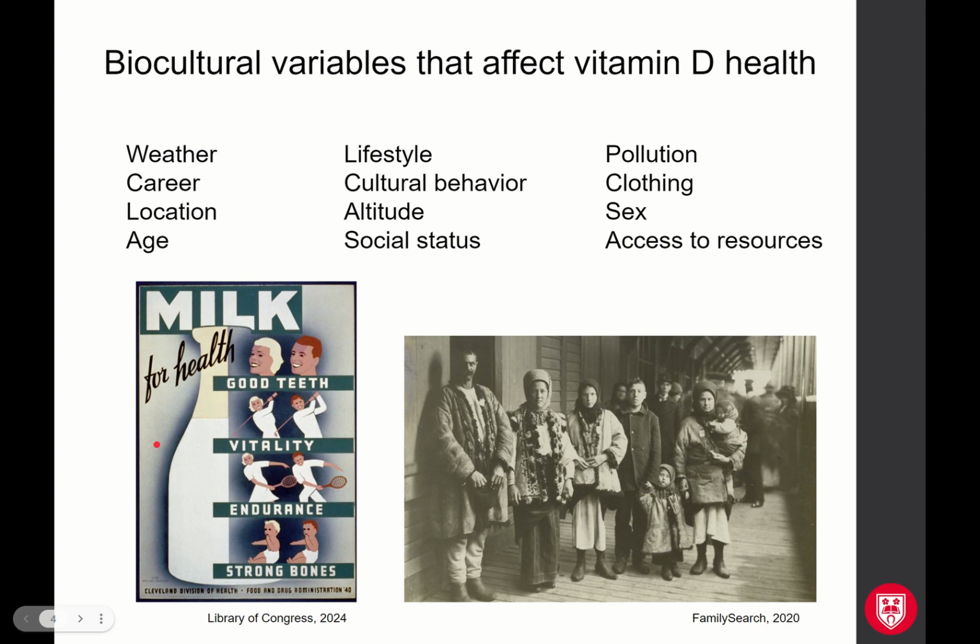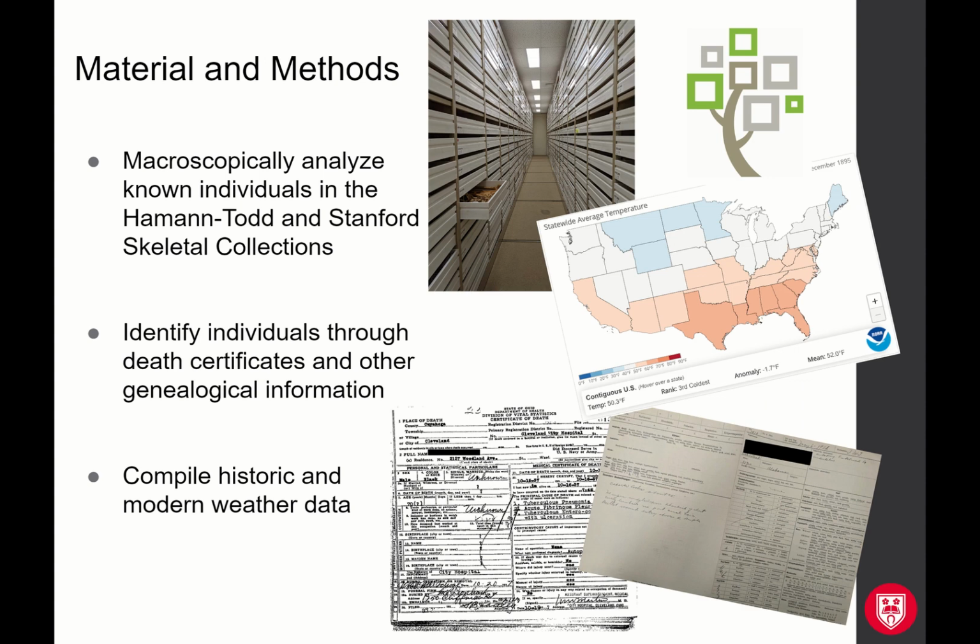So for this research, I'm going to be examining a lot of these different biocultural variables, which go into my materials and methods. So I did a ton of stuff. So first, I macroscopically analyzed skeletons. So these skeletons were individuals who were documented or known.